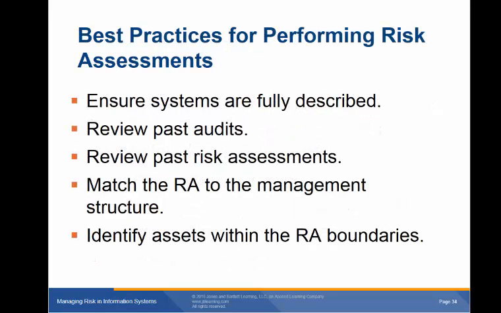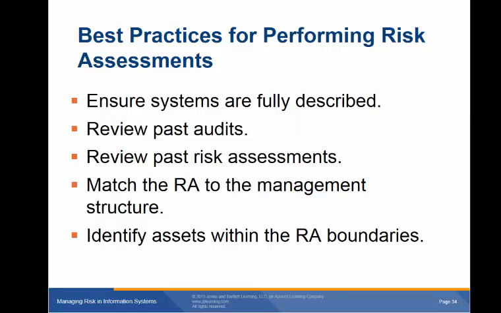And so the best practice for performing risk assessments is that you want to ensure systems are fully described, review past audits, and review past risk assessments. As we mentioned before, if history has failed, and you continue to do what you're doing, and it was a failed process, then you're going to keep getting a failed process.